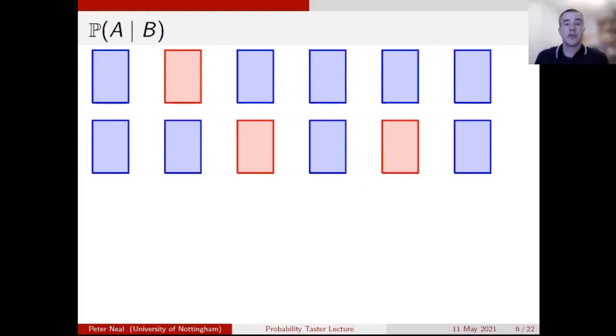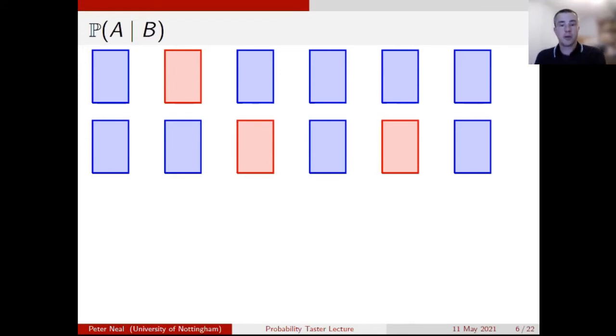To look at the conditional probability, what we can do is just think of perhaps a simpler situation where we have 12 cards to collect, which I've denoted here. And so far we've collected 3, which I've coloured in red.